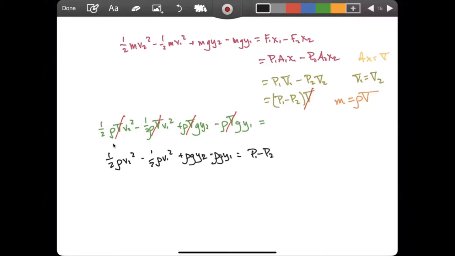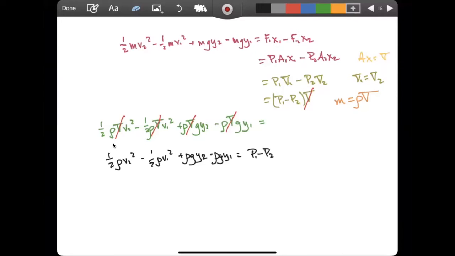Now again, the pressure here is the pressure that it's feeling on the walls. So good. All we're going to do then is, since I have 2s and 1s, get all the 2s on one side and all the 1s on the other side. On the left-hand side, since all the terms involving 1 are negative, I'm going to bring them to the right-hand side.